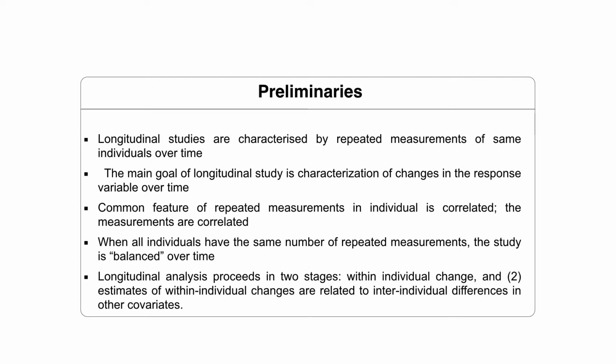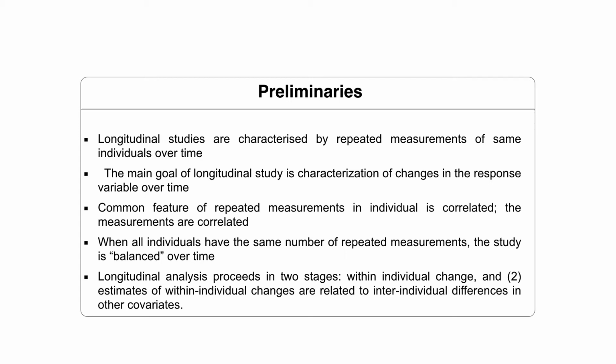For example, if we study cancer rates in 16 countries, or 20 countries, or however many countries we take, between the years 1996 and 2007, and for all of these countries we have measurement values available for every year, then that longitudinal study is said to be balanced over time. But many times, we may not be as lucky.